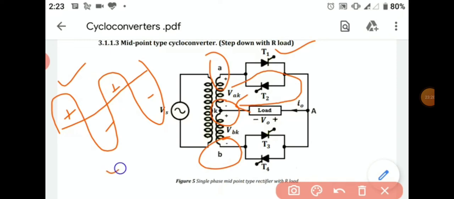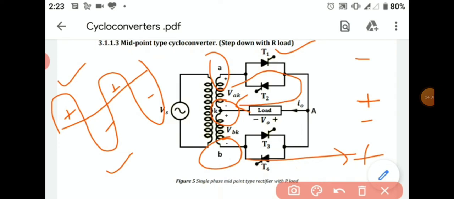During the first negative pulse, the potentials at point A, point K and point B will be reversed. That is, at point A the potential will be negative, at point K the potential will be like this, and potential at B will be positive. Due to positive potential at point B during the negative pulse, the thyristor T3 will be forward biased.